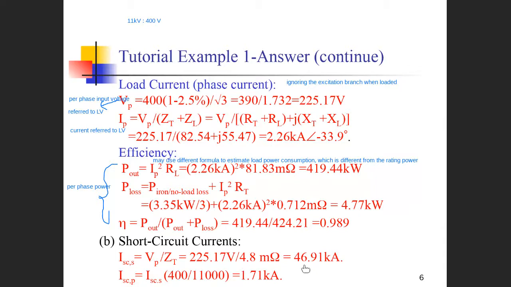So you can estimate that this short circuit current is much larger than the loading current. Almost 20 times, because the internal impedance is about 6% of the base value. About 1/20th, right?